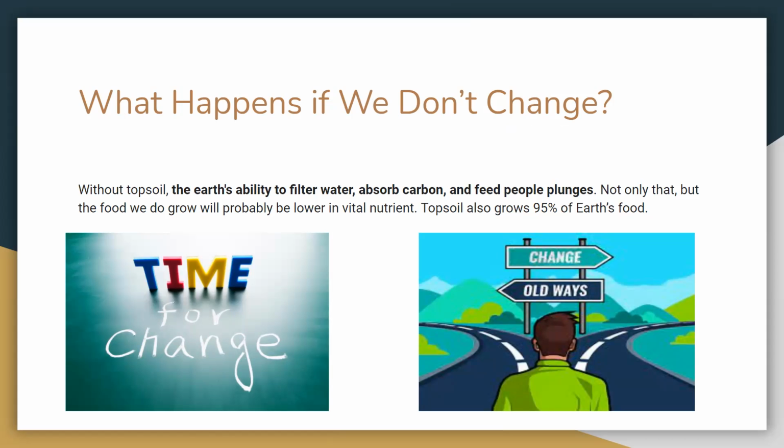Not only that, but topsoil also grows 95% of Earth's food. With no topsoil, there will be essentially no food for the huge human population on Earth, which then can cause us to mostly go extinct because there is no food or vital nutrition in our food.